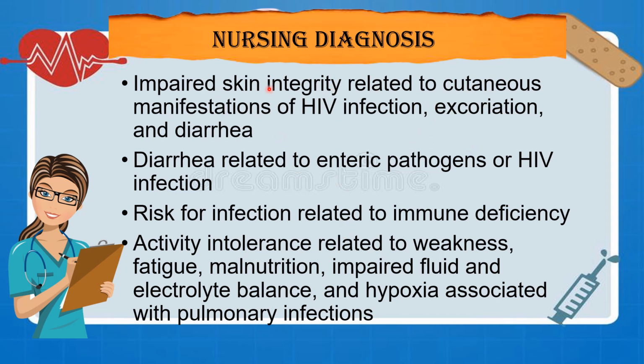Number one, impaired skin integrity related to cutaneous manifestations of HIV infection, excoriation, and diarrhea. Another is diarrhea related to enteric pathogens or HIV infection. Another is risk for infection related to immune deficiency. Another is activity intolerance related to weakness, fatigue, malnutrition, impaired fluid and electrolyte balance, and hypoxia associated with pulmonary infections.